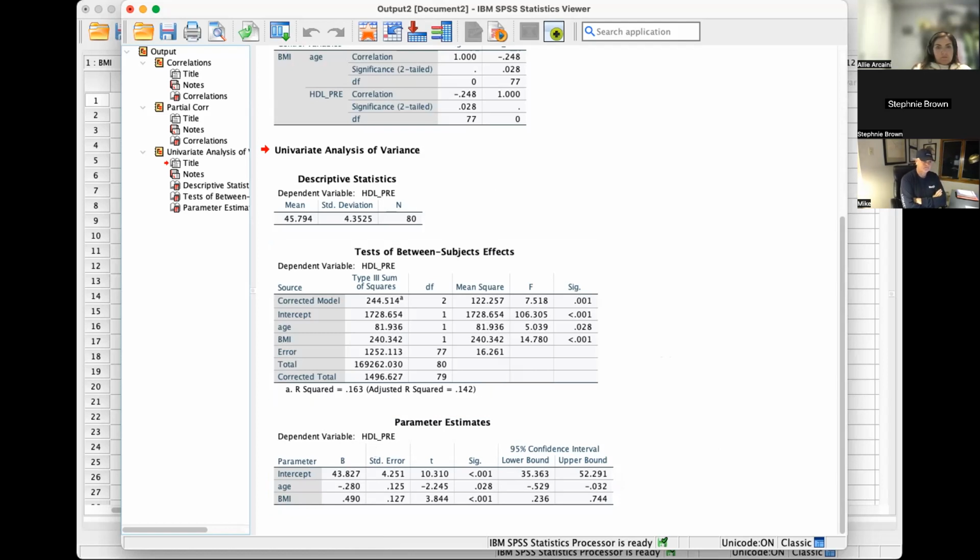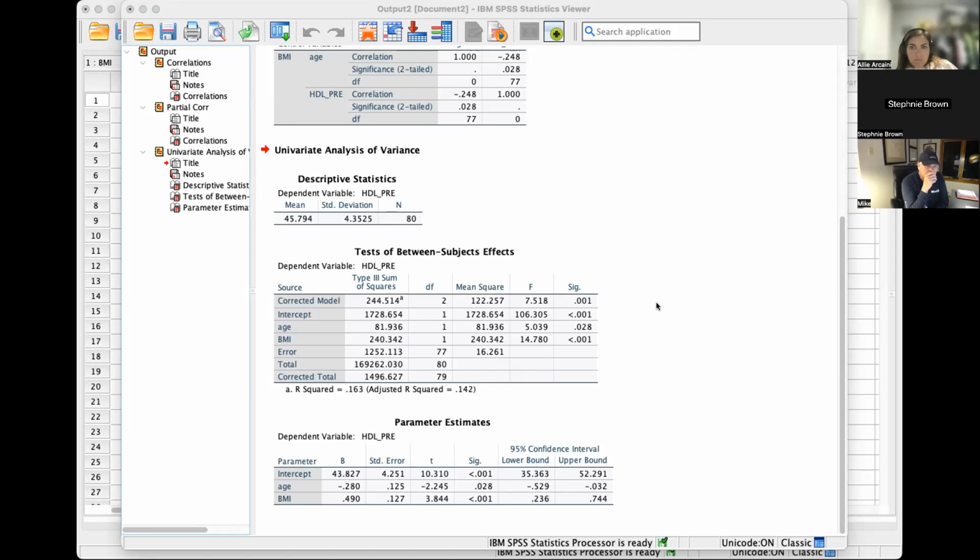So that makes our estimated regression equation. I'll type it out: HDL pre, and then that vertical line means given the predictors, age, BMI, separated by commas, equals 43.27 minus 0.280 times age plus 0.490 times BMI.